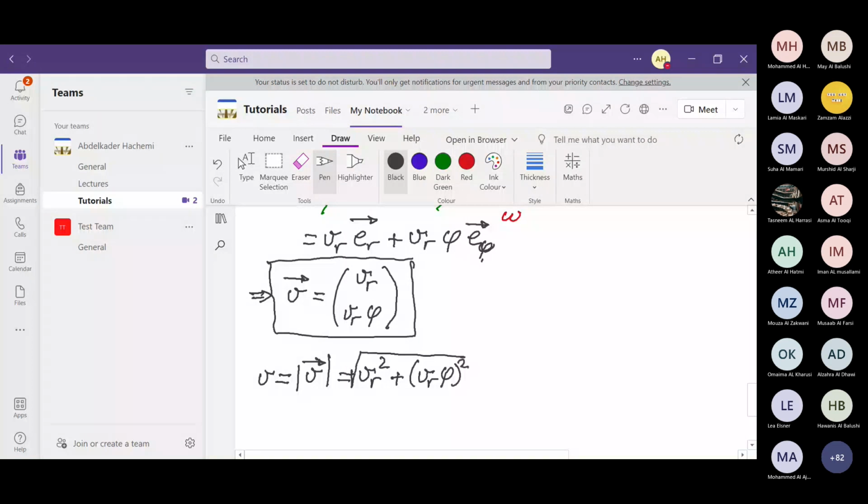This is the magnitude. Then it means we get V equals VR times the square root of 1 plus phi square.